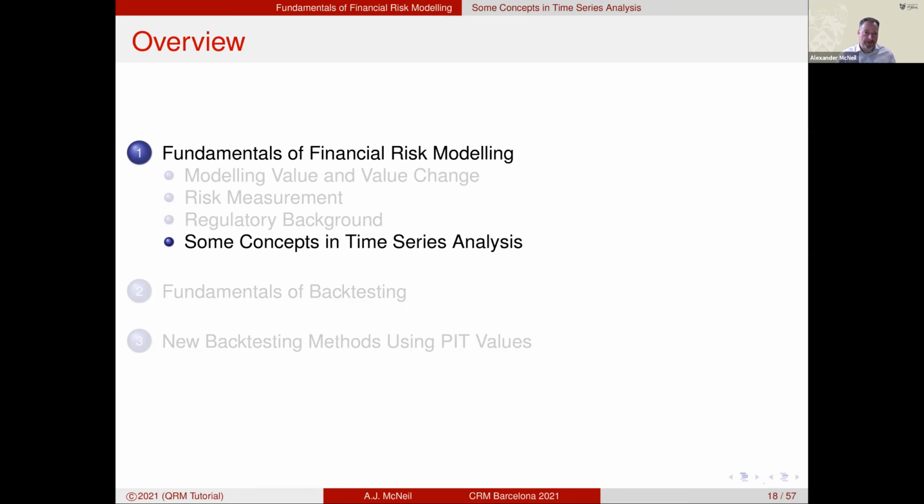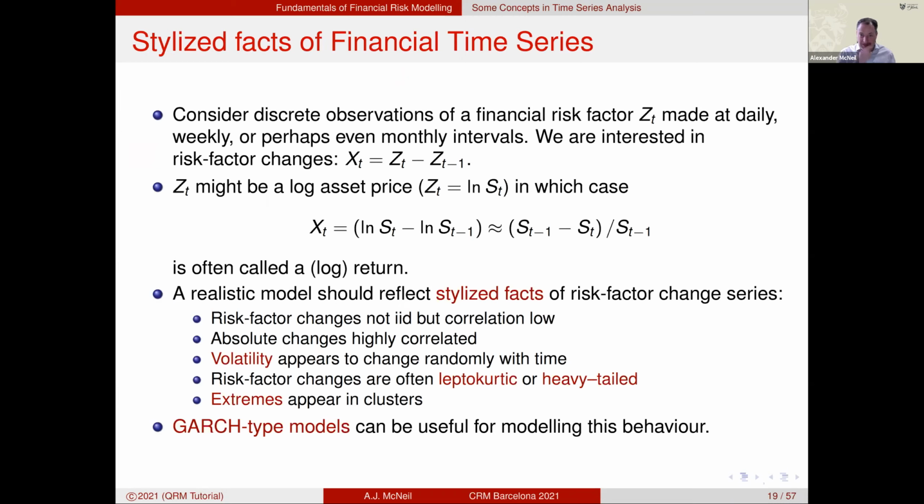So just some concepts in time series analysis. So let's consider a financial risk factor, Z, and consider observations which are made at discrete time intervals. And for the sake of argument, let's say daily, because that's typical for trading book risk measurement, that the canonical time horizon is daily.